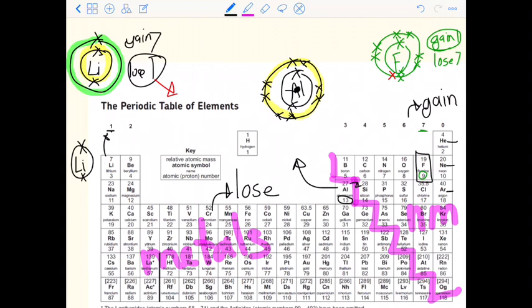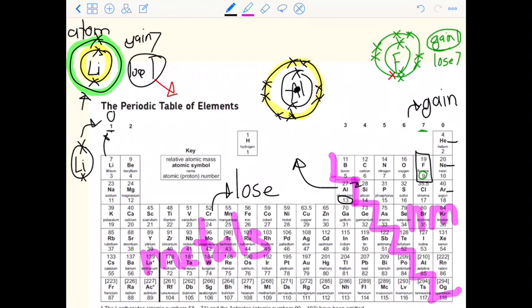Hopefully you remember what the charge of an electron is. I want you to think about it for a second. If you remembered that an electron is negative, well done. So this lithium, as an atom, so this one here is the atom, this lithium is neutral, right? Because it has an equal number of protons and electrons. This lithium has lost one of its electrons.